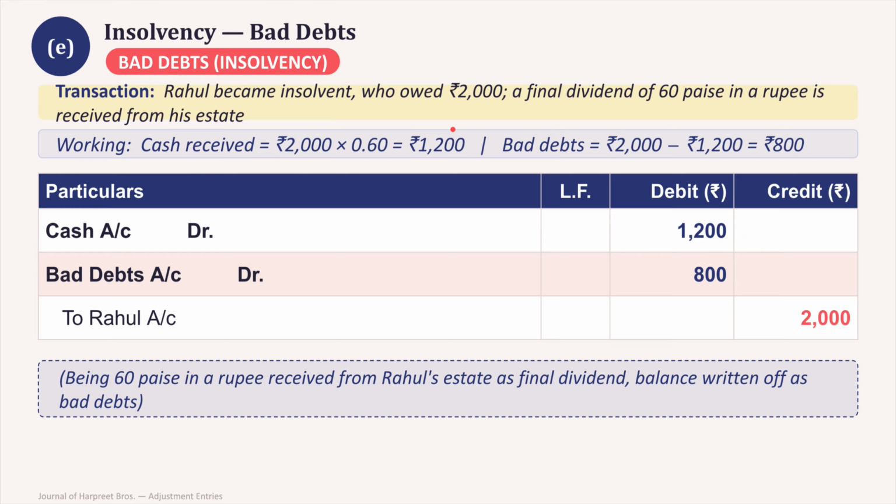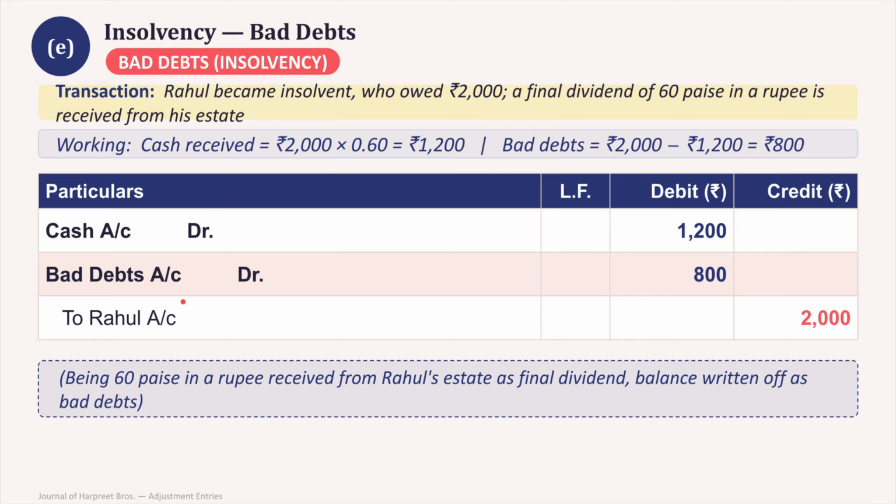So what happens to the remaining 800? That will be treated as bad debts. He is not going to pay us. Okay. So what are we receiving? Cash is coming in. So cash account debtor, we will debit 1,200. Then bad debts account.